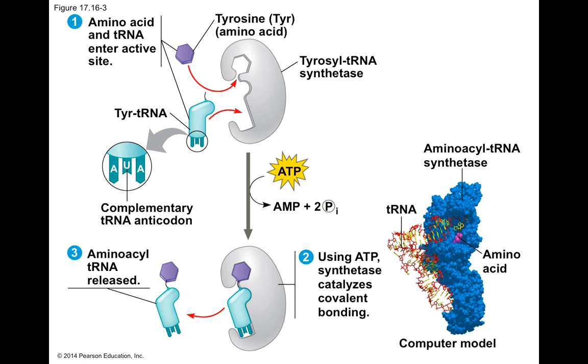In this case, we're joining 2 molecules together, otherwise known as an anabolic reaction, which requires energy. As you can see, the shape of the active site puts the 2 pieces in the proper orientation so the bond can form quickly, thus speeding up the reaction. Now the transfer RNA can bring the amino acid to the ribosome.